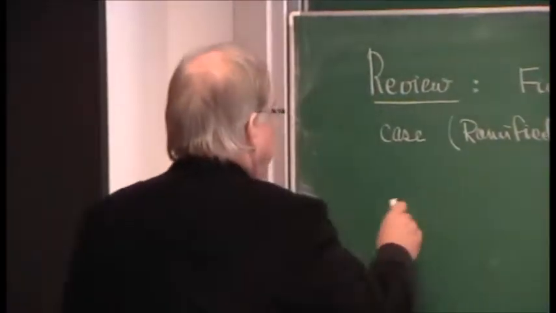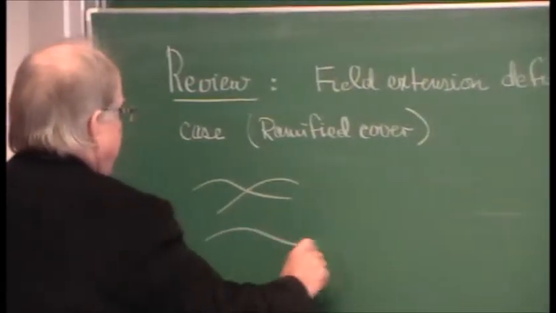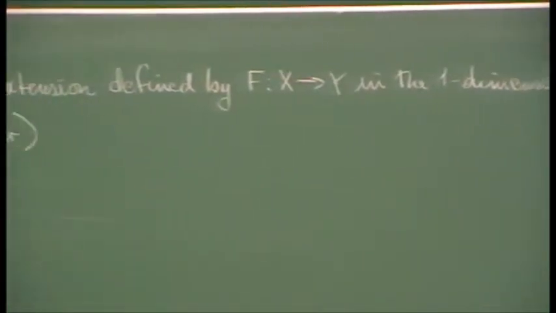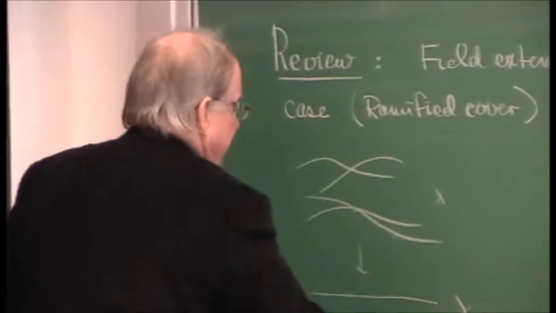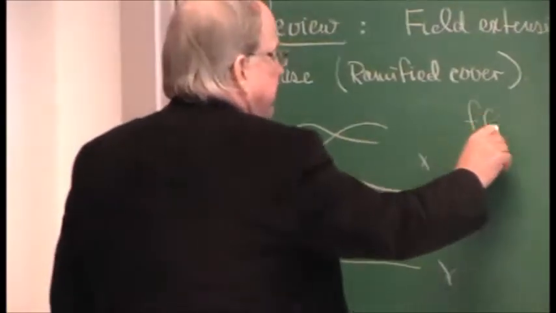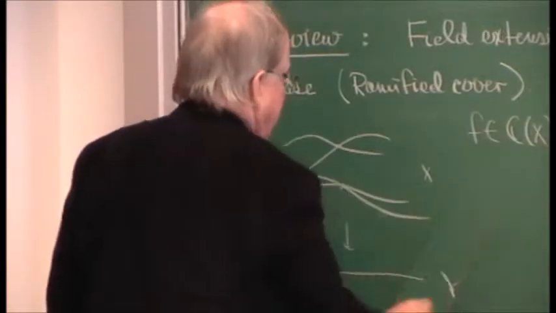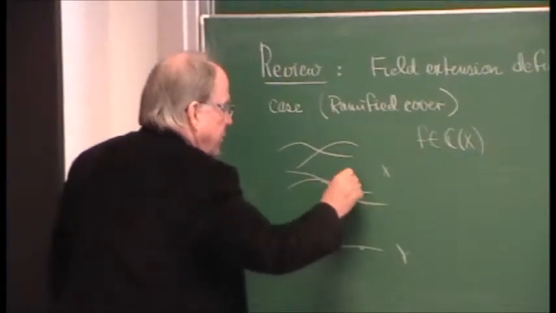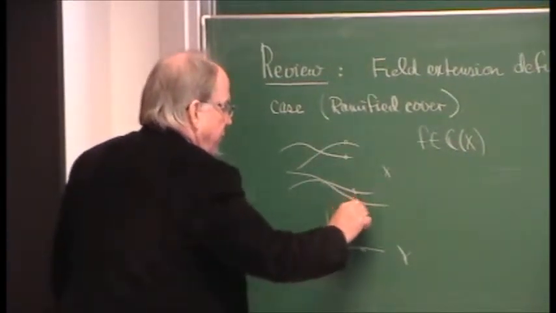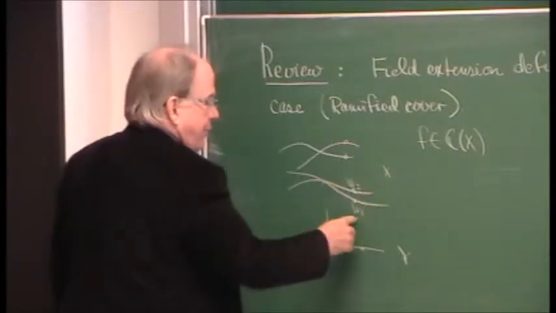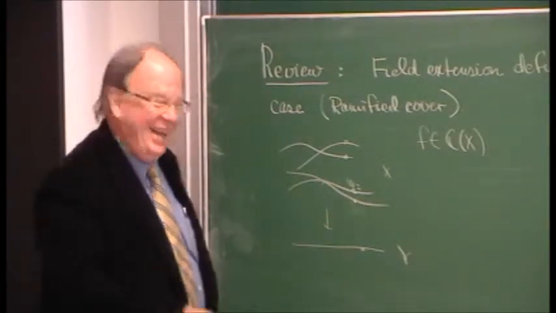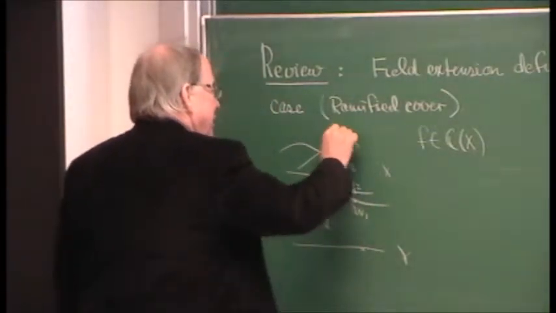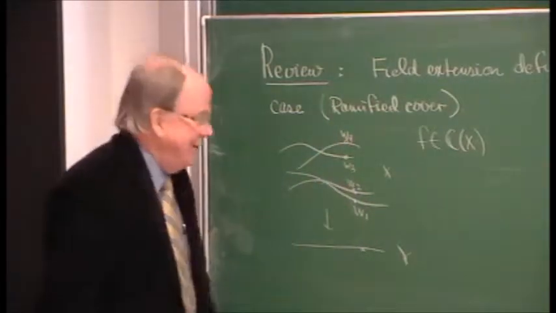And we observed, let me draw the usual picture, just as a reminder, that if you have a function upstairs, say at good points, above a non-ramified point, so here where it's 4 to 1 really, it may have 4 values, W1, W2, W3, these are the values of the function.